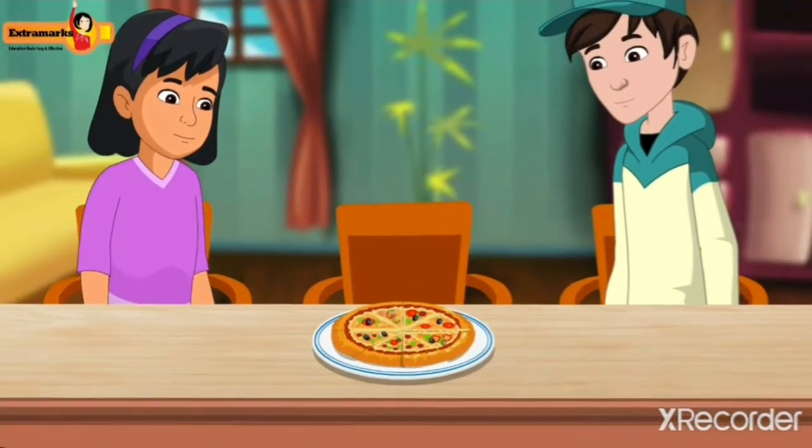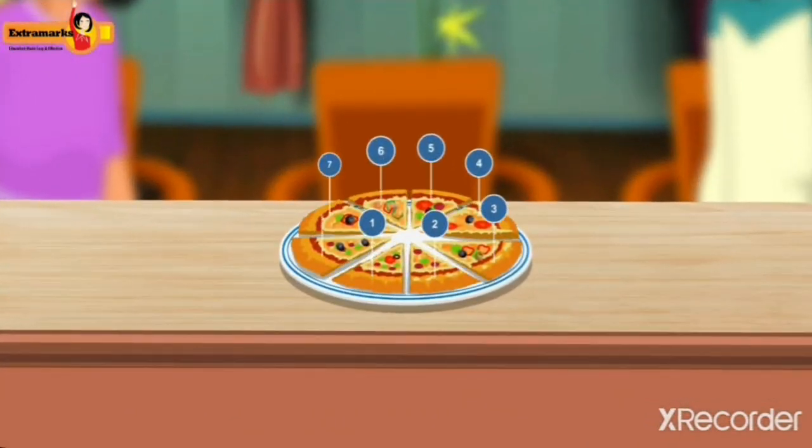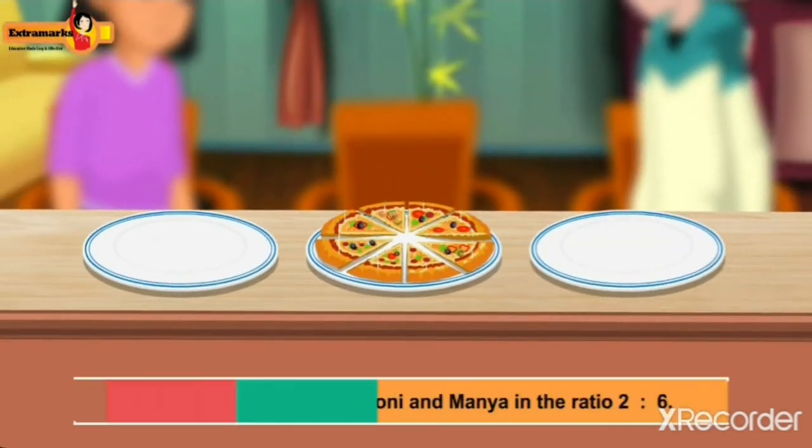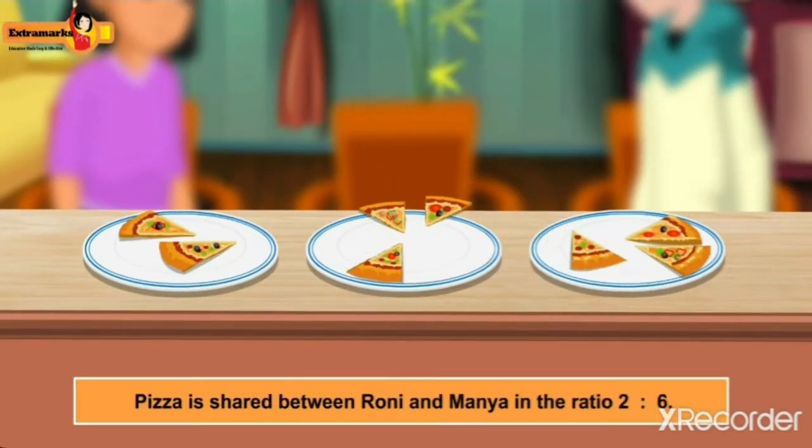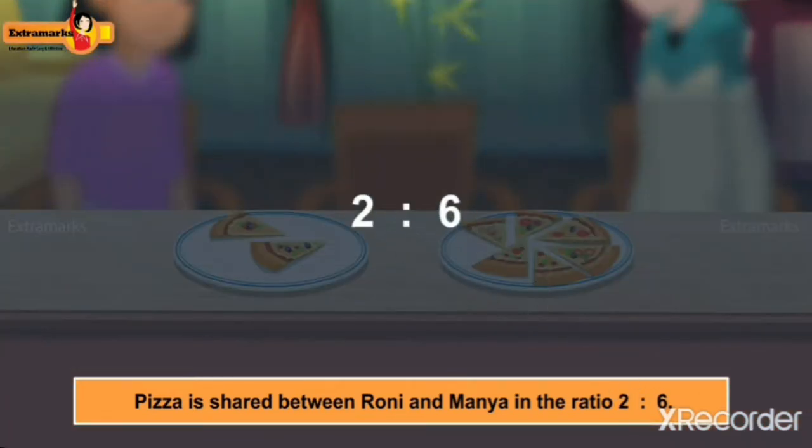Let's go ahead. Ronnie and Manya want to have pizza. Let's divide the pizza into 8 equal parts and share it between Ronnie and Manya in the ratio of 2:6. The ratio 2:6 can be written as 2 upon 6, which is equal to 1 upon 3.